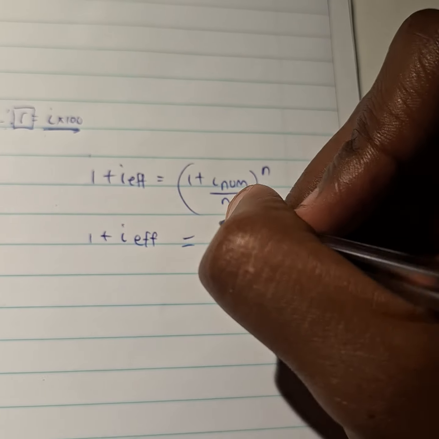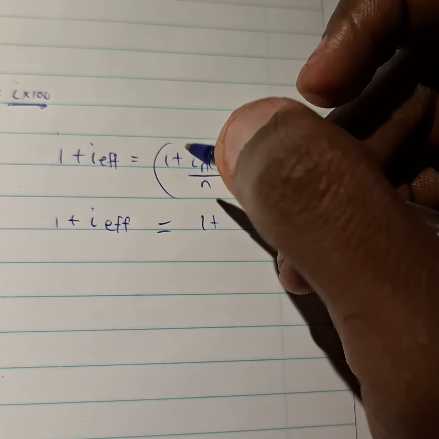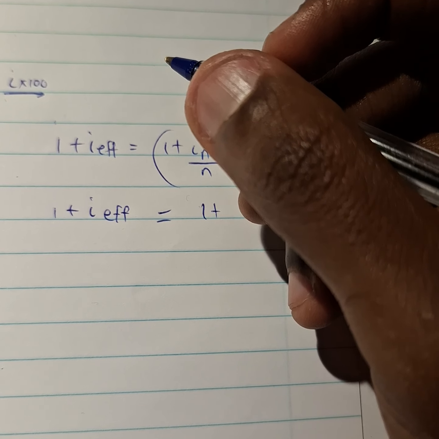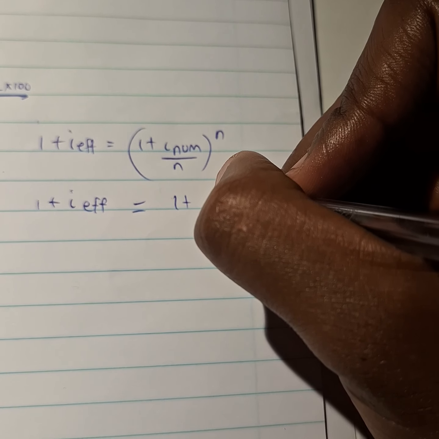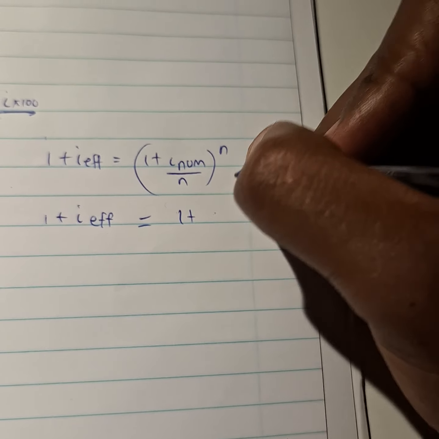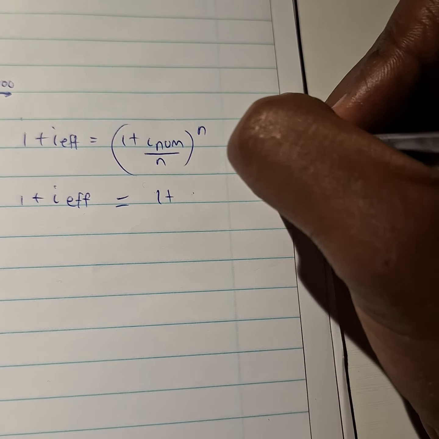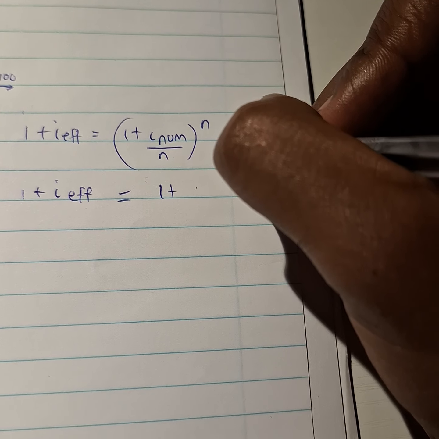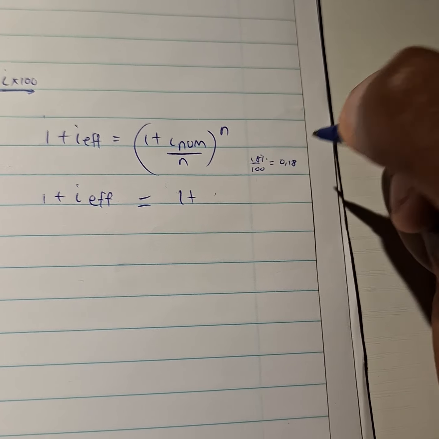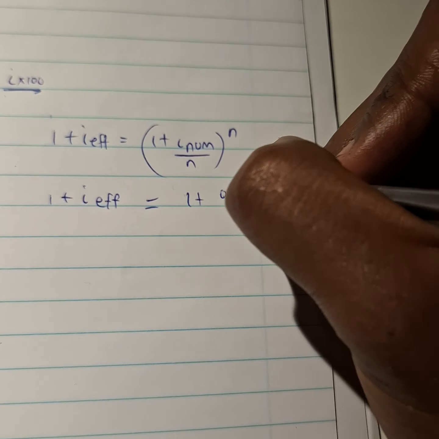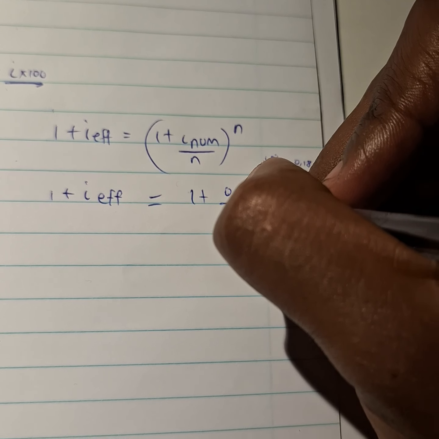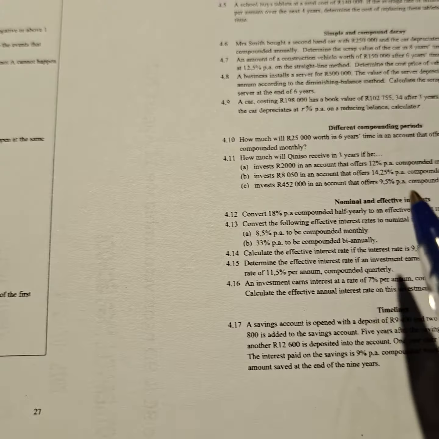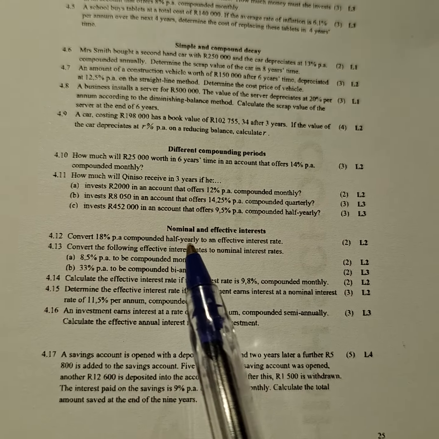So 1 plus I norm. The norm, so that would be 18 divided by 100. So that will give us 0.18. So we have 0.18, which we divide by what? The compounding period. We are told that it's half yearly.